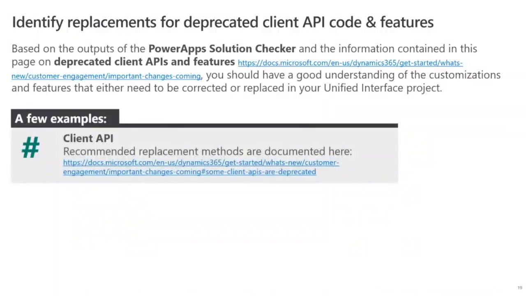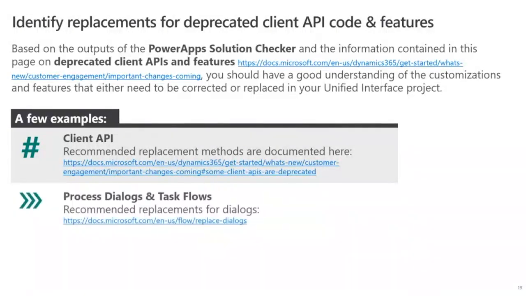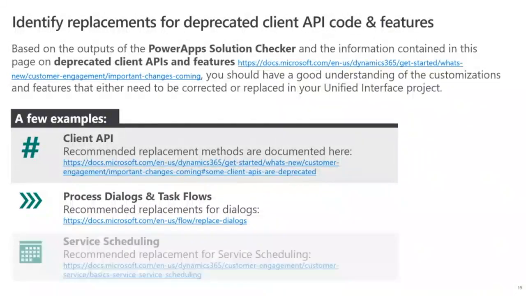I'll give you a few examples. Client APIs. We've already listed a list of client APIs that were deprecated with recommended replacement methods in this article. We also have recommendations to replace dialogues as they have been deprecated and do not work in unified interface.